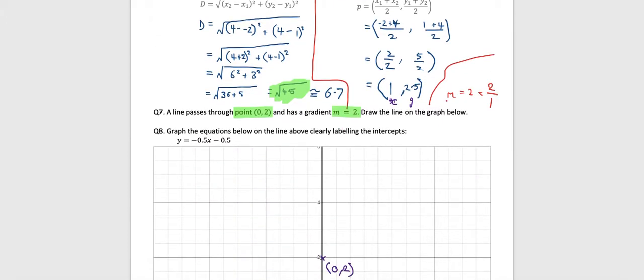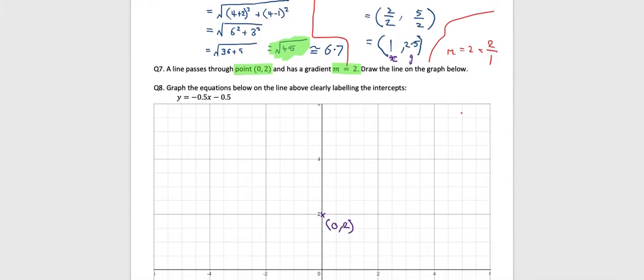So if we've got a gradient of 2 over 1, then it means we have to go up 2, we have to rise 2, then we have to run across 1. So this is going to be a run of 1, and this is going to be a rise of 2.